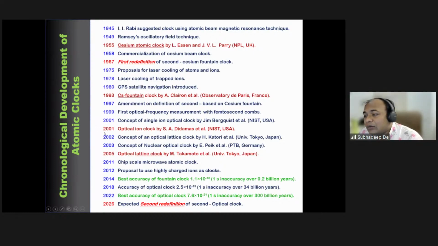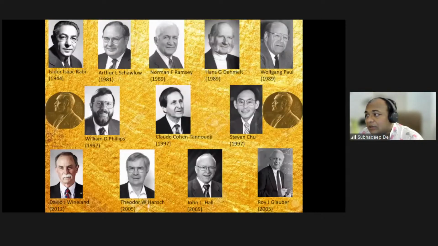In 2001, the first optical clock was demonstrated. And today, sorry, that was the best fountain clock. Today we have reached an optical clock which is a few parts in 10 to the power 21, which has lots of important applications in sophisticated technologies and science, which I will discuss in my next lectures.